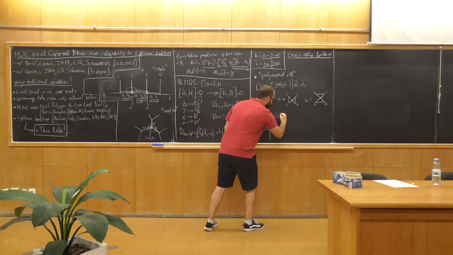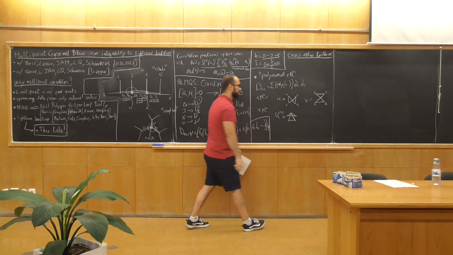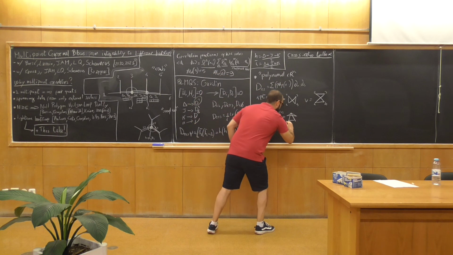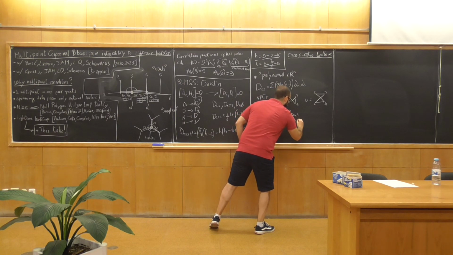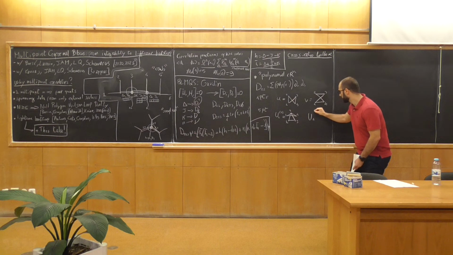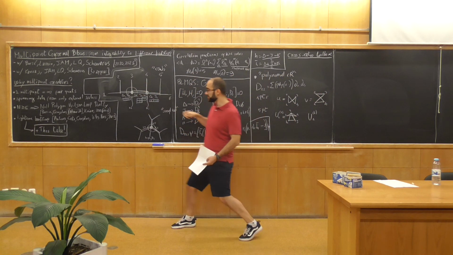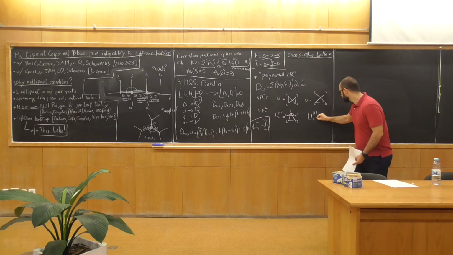For example, U15 can be built out of 5 points in this way, maybe I should put also the labels, while U16, which is going to be a cross ratio involving 6 points instead, can be constructed this way.